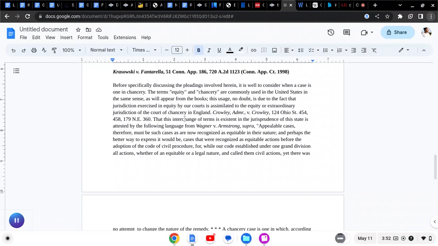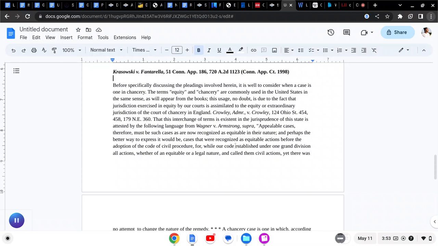Let me see. That this interchange of terms exists in the jurisprudence of this state is attested by the following language from Wagner versus Armstrong. Appealable cases, therefore, must be such cases as are now recognized as equitable in their nature, and perhaps the better way to express it would be cases that were recognized as equitable actions before the adoption of the Code of Civil Procedure.